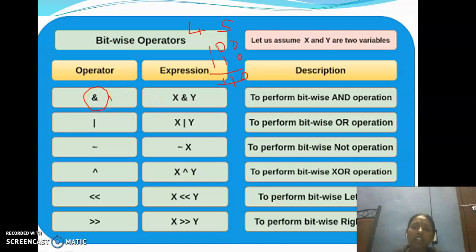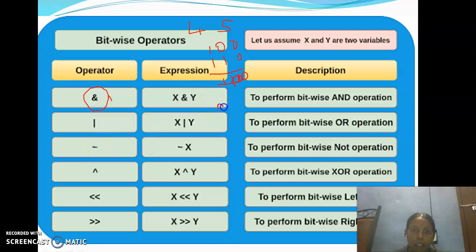Sorry, I got a little bit confused. The condition that if any one of the values is 1, then the whole condition will be 1 is for OR. Here in the AND operation, if both are 1, then only the value will be 1. I am explaining again. AND is nothing but: two values are 1, then the result will be 1. In OR, if any one of the values is 1, then the result will be 1.